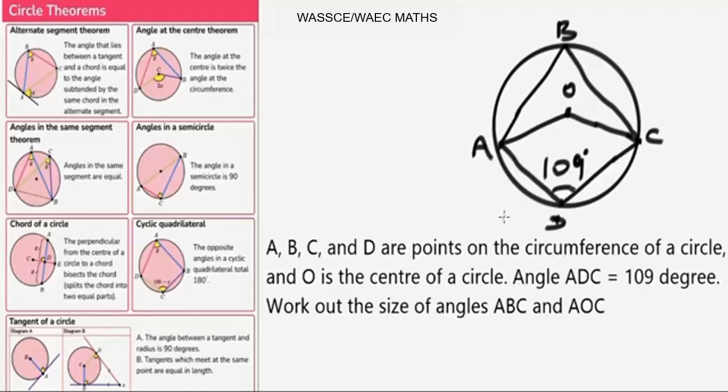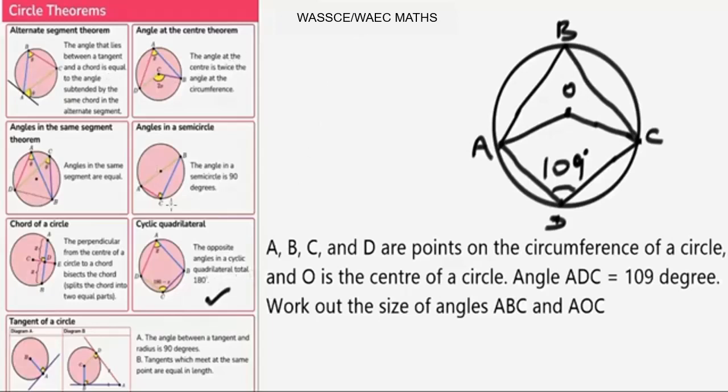Now if you look closely, you will observe that this is a cyclic quadrilateral. Since this is a cyclic quadrilateral, we have to make use of this rule, which says that the opposite angles in a cyclic quadrilateral total 180 degrees.